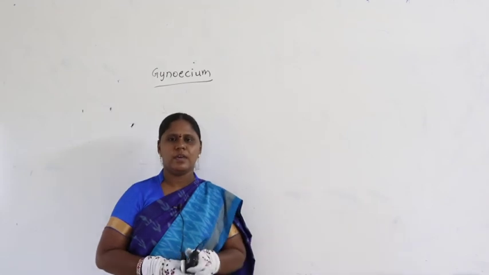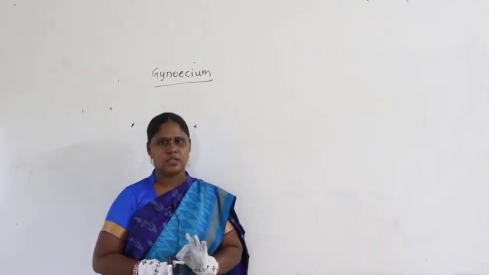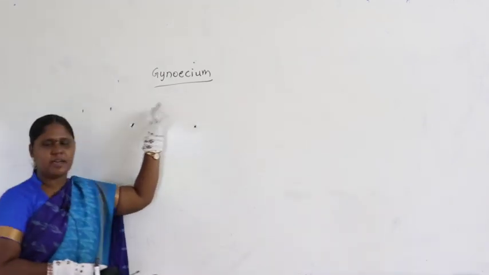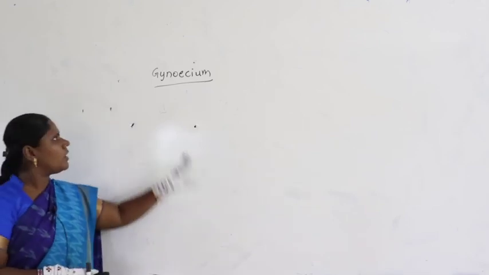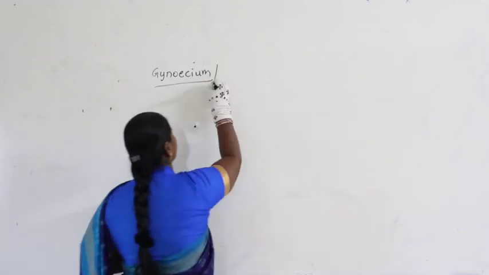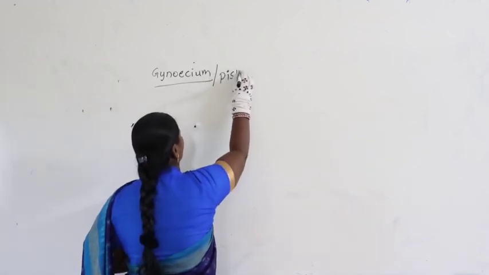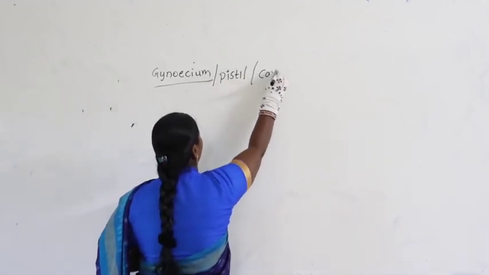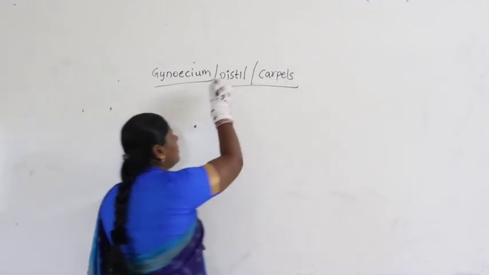Now in the flower we have calyx, corolla, androecium and gynoecium. Arrangement of androecium we studied now. Let us continue with gynoecium. Gynoecium is also called pistil, also called carpels.